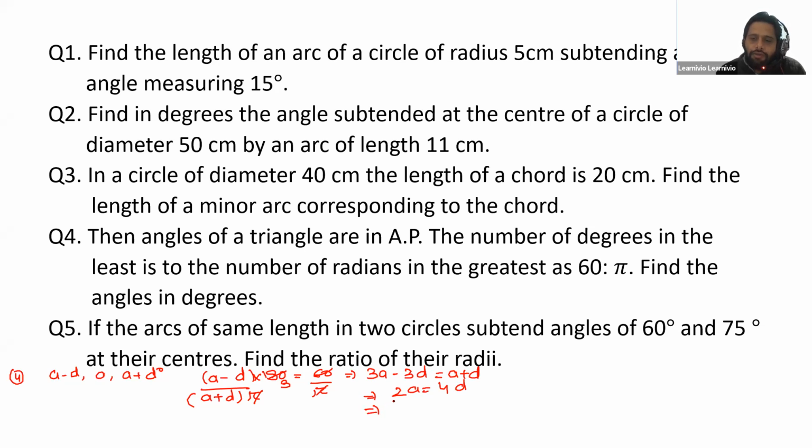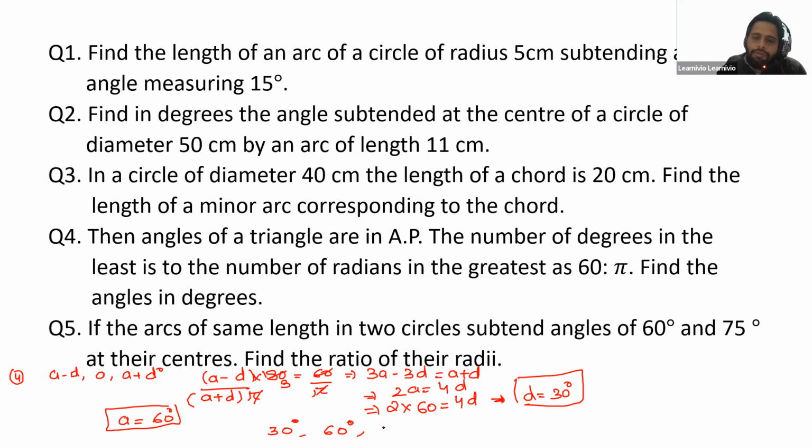Now, Yusra, what is the value of a? That is 60. We have already defined this. This is equal to 4 into d. So this was 120, so d will become 30. We have already found that a is 60 in the previous steps. So what is the angle? Angle is a minus d, so 60 minus 30, which is 30. A, that means 60. A plus d, that means 90.